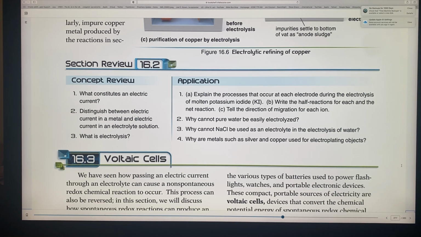Okay, so when we think of that, we can go through those steps, but as you go through this, you're going to write those half reactions. It's going to be very similar to sodium chloride that we went through. I went through the whole thing on sodium chloride, but just instead put potassium iodide, which is similar.